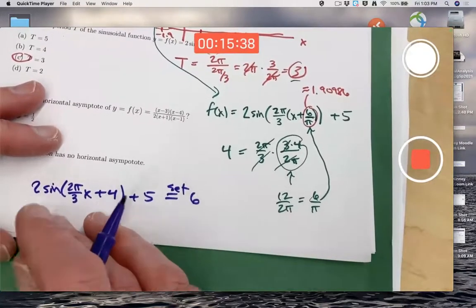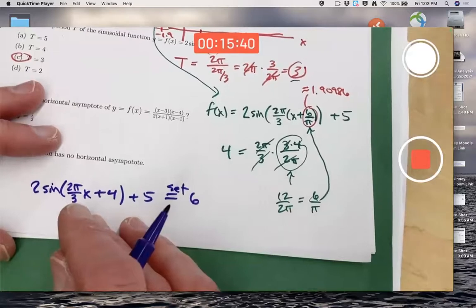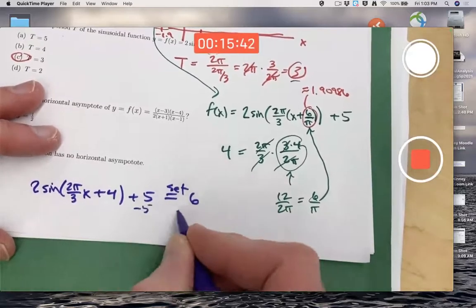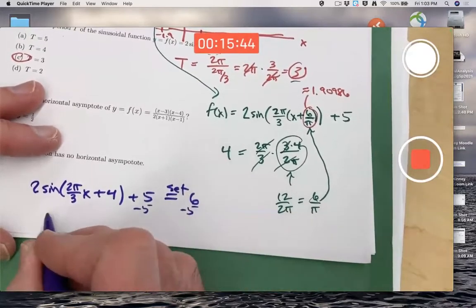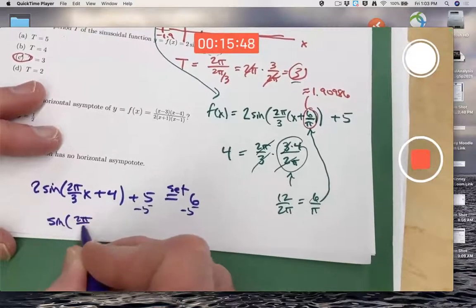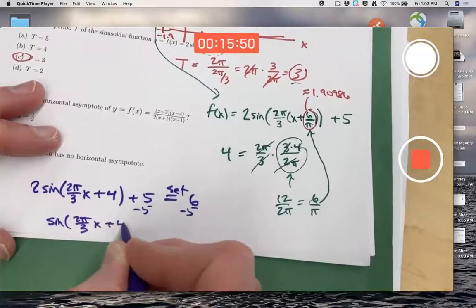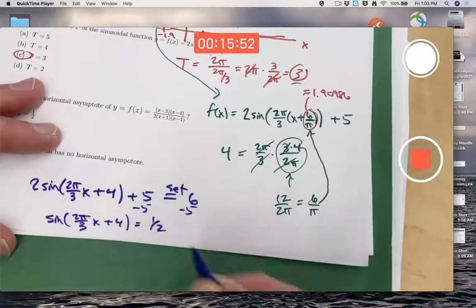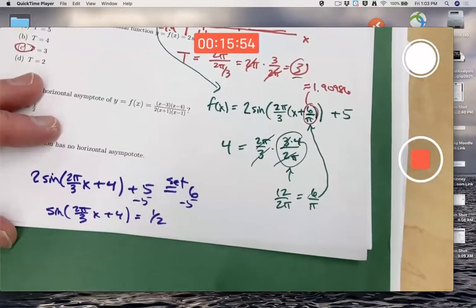You can isolate the sine of this first, subtract 5 from both sides, and then divide both sides by 2. Sine of 2 pi over 3 times x plus 4 would be 1/2 then. I did 2 steps there. I subtracted 5 from both sides, and then I divided both sides by 2 after that.